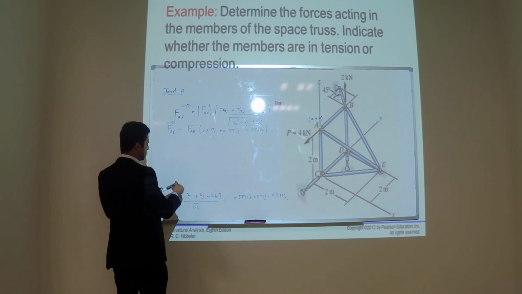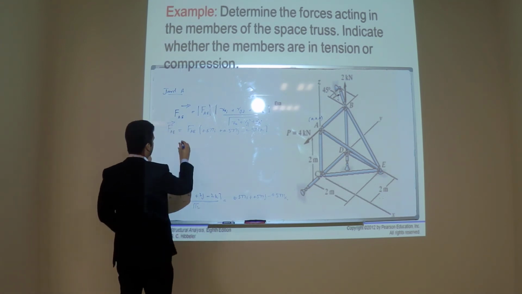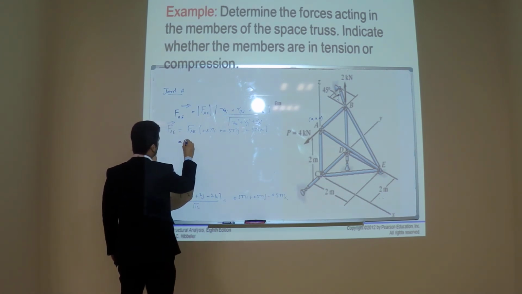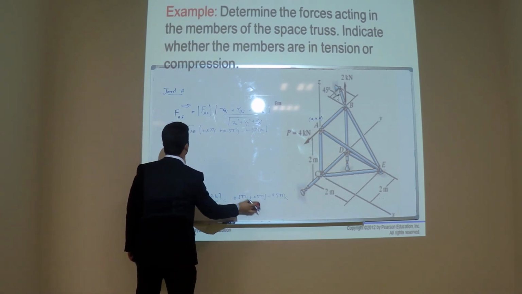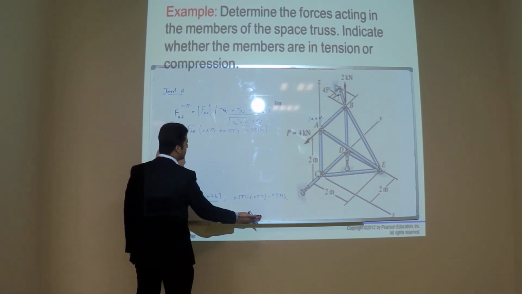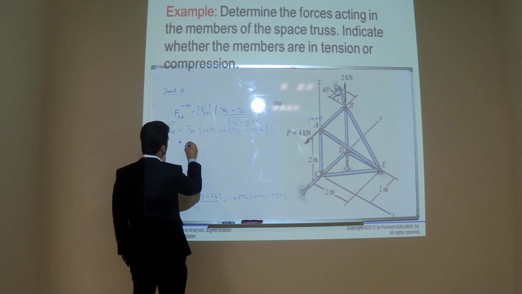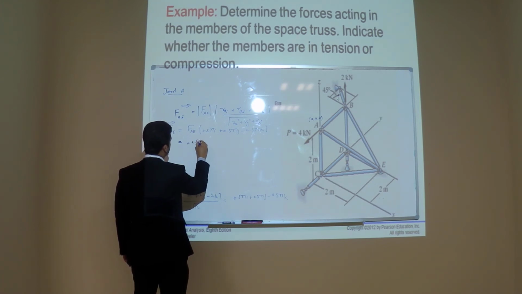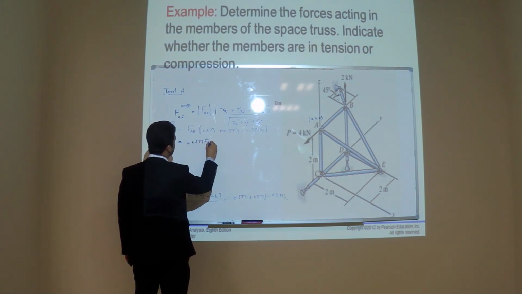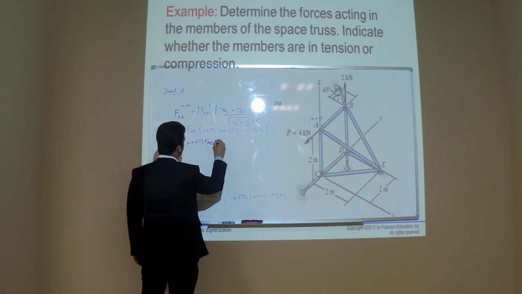Or you can also say, just multiply this FAE, it will become 0.577 FAE i plus j.